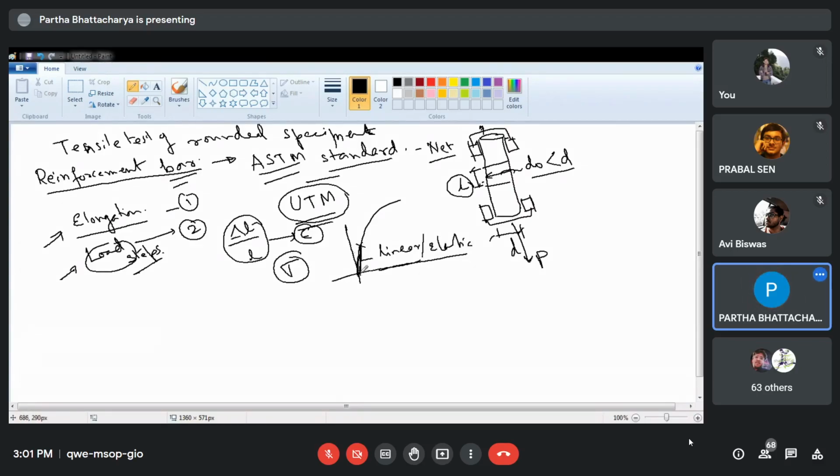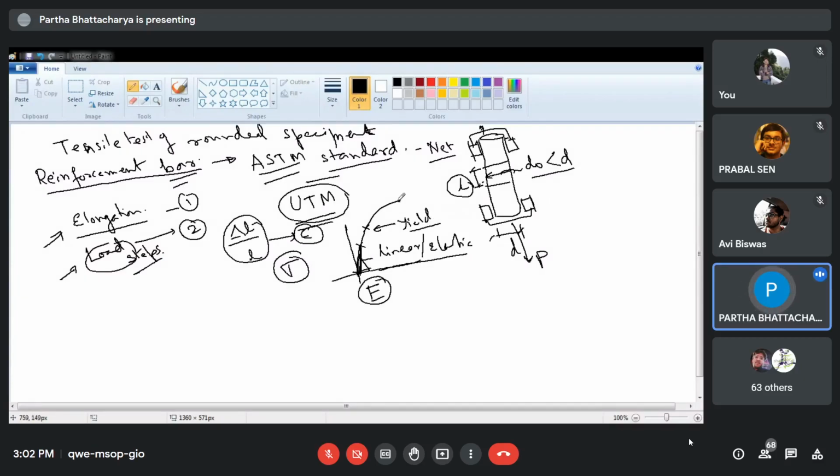The tangent modulus of this curve, up to which it is linear and elastic, will give you the modulus of elasticity or Young's modulus of the specimen within the linear range. Then there will be some point where the specimen will start yielding. So this is the yield point or yield load we will identify.